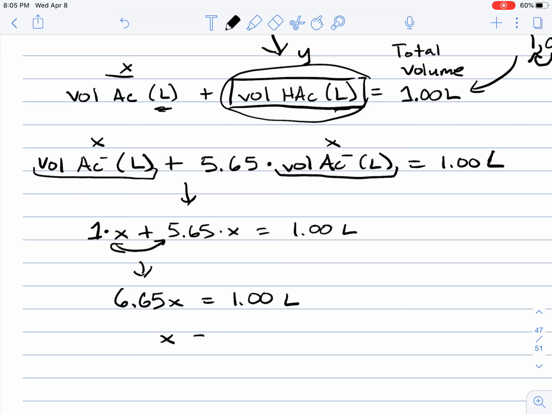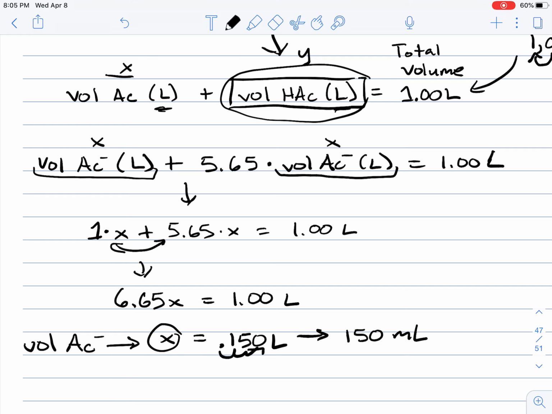If I solve for X, that value is simply going to be 0.150 liters. If I wanted to convert this into milliliters, I'm going to move this decimal place 3 times to the right, so it's going to be 150 milliliters. Once again, X represents the volume of acetate.